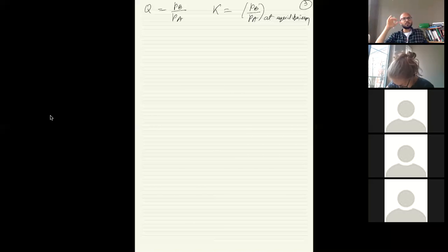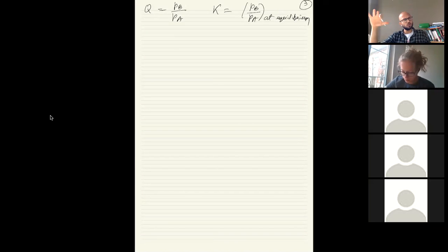So Q is defined for any pressure. You can stop the reaction from happening for whatever reason, and you could still measure your Q. Or the reaction is maybe still going on. You are checking in your test tube and the reaction is still going on. Once the reaction stops happening and you measure the partial pressure of B and the partial pressure of A, their ratio is K. So K is just a very specific type of Q.